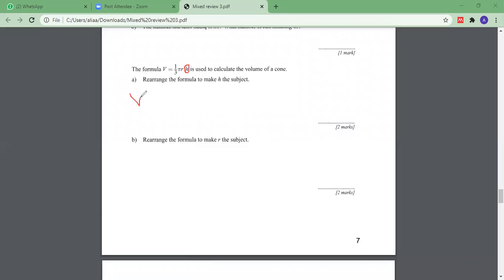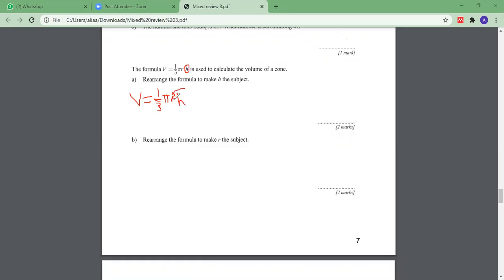So it's V equals 1 over 3 pi r squared h.